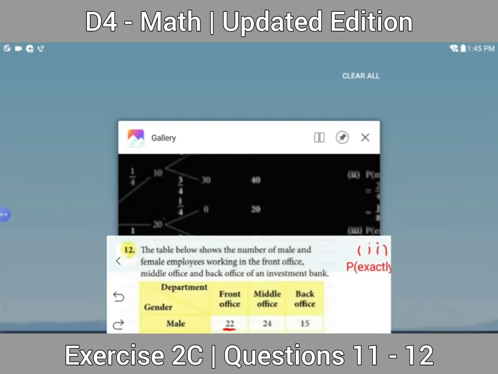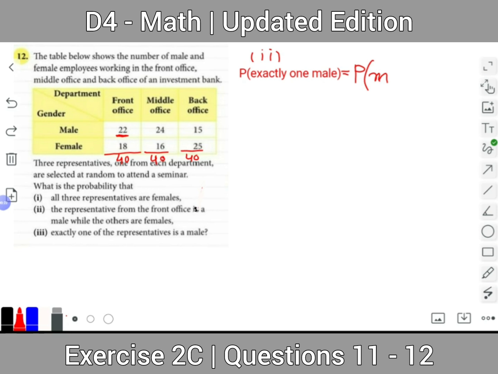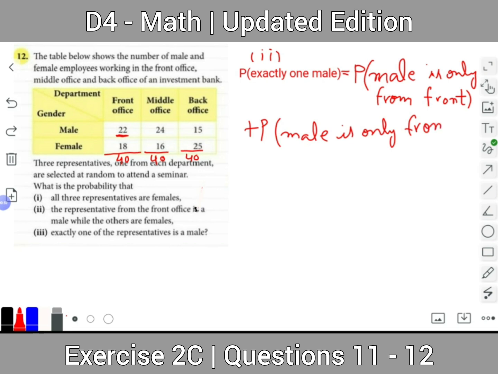The probability that male is only from front, plus probability of male is only from middle, plus probability of male is only from back.